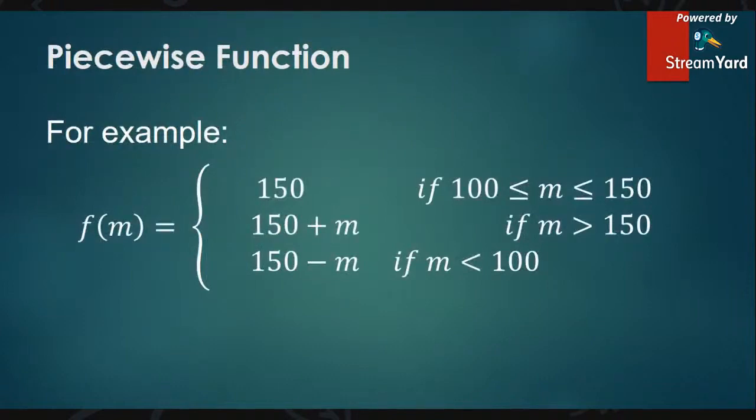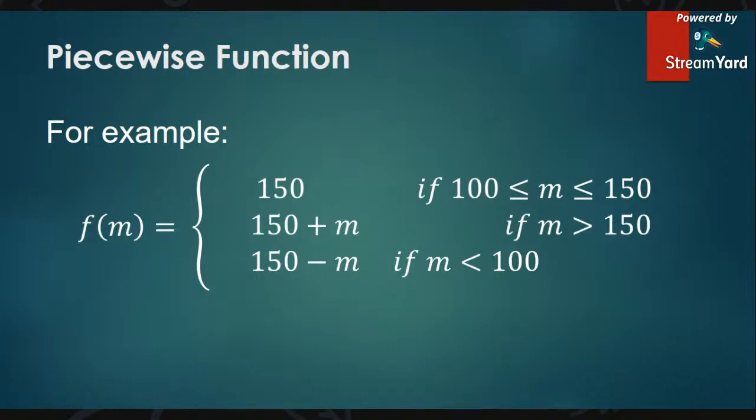F of m is equals to 150 if m is greater than or equal to 100 but less than or equal to 150. So may rule. Next, 150 plus m if m is greater than 150, then 150 minus m if m is greater than 100. So yun yung example ng piecewise function. So pinagsama-sama yung mga function na magkakaugnay sa isang function.